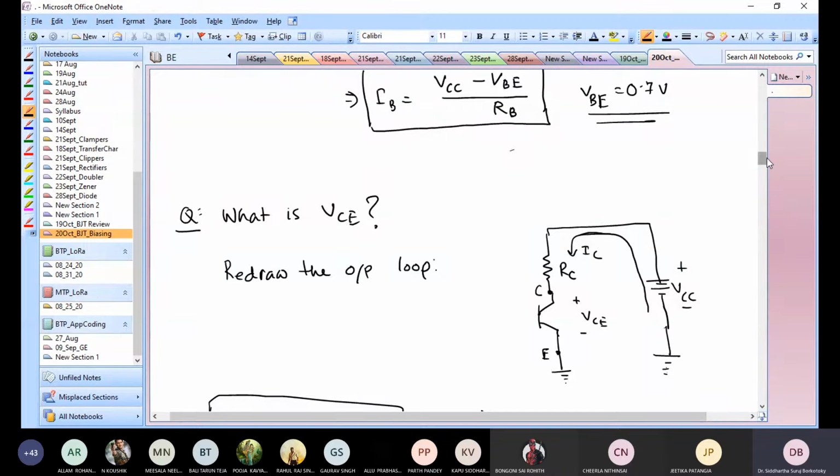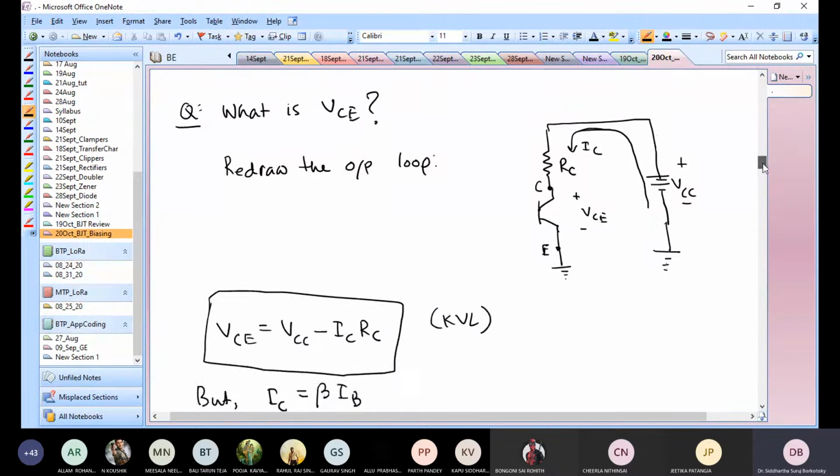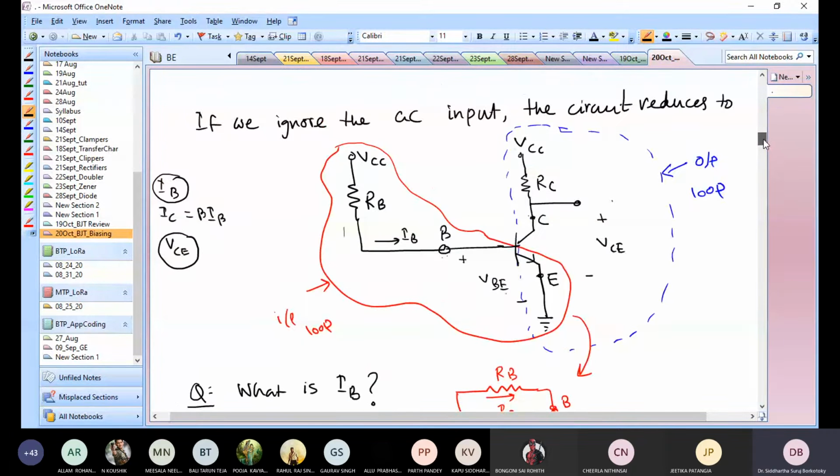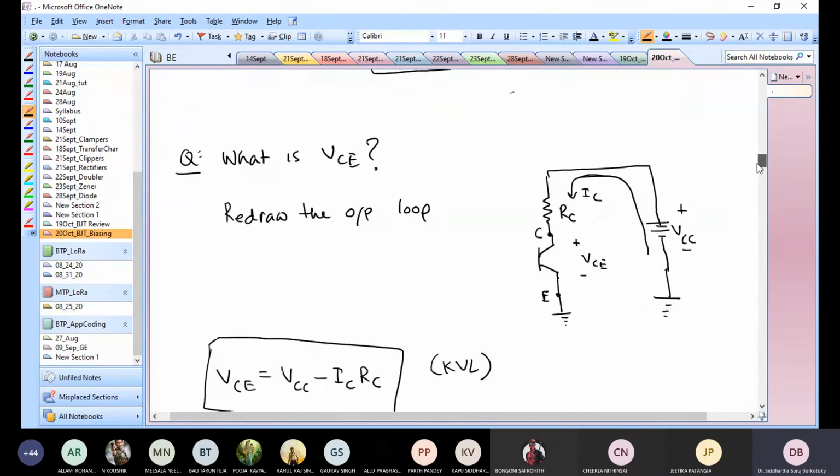Okay, so now what I have to do is to find VCE. Again, VCE is what? VCE is this voltage, the potential difference between the C terminal and the E terminal, and that I find by drawing an output loop. So that output loop that I circled here, I just redraw it in a more familiar manner.